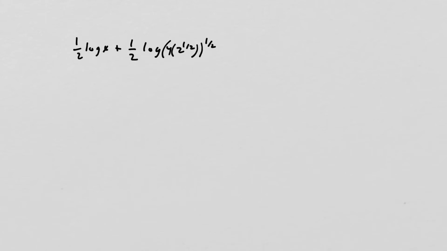Here again, we have some number raised to an exponent, and this exponent is 1/2, so we can pull this 1/2 out. This is then equal to 1/2 log of x plus 1/4 of the log of y times z raised to the 1/2.